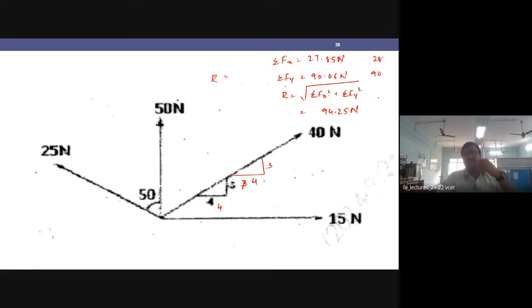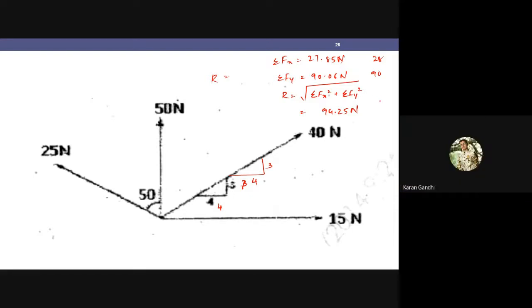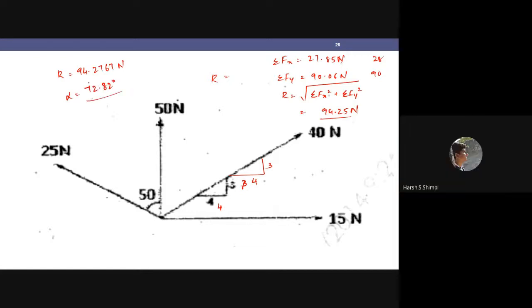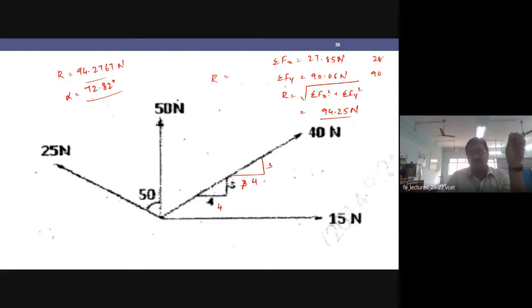Yes, sir, and alpha is coming to be 72.81 for me. The magnitude of resultant I got as 94.2767 newton and alpha as 72.82 degrees. Yes, sir, alpha is correct. So these are the values. If you have not got them, check your calculations again.